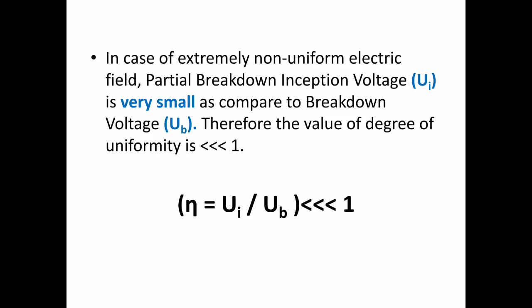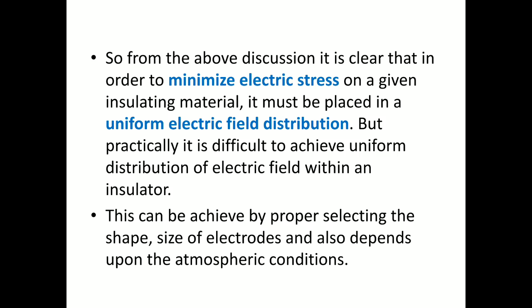In case of weakly non-uniform electric field, the value of eta is slightly less than 1, or close to 1 but not exactly 1. And in case of extremely non-uniform electric field, the value of eta, which is nothing but the degree of uniformity, is very small as compared to 1.